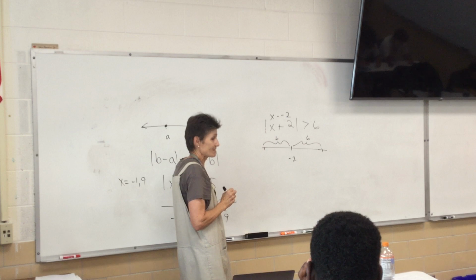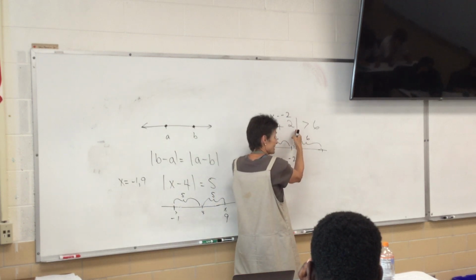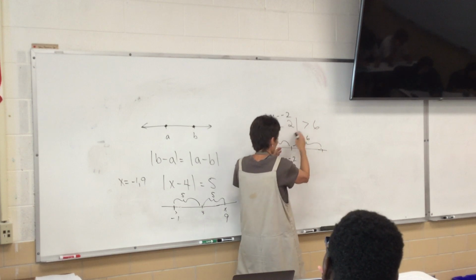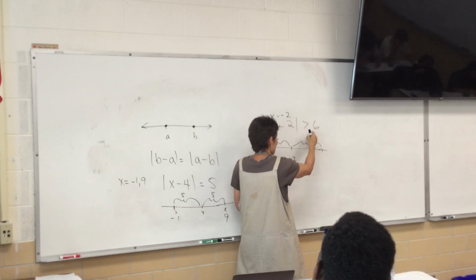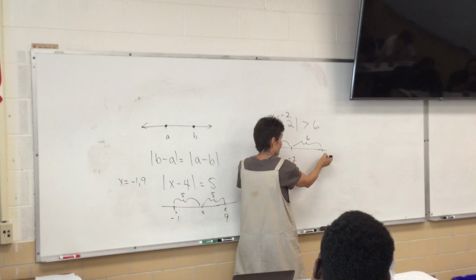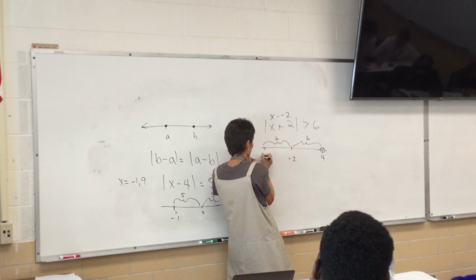So if I'm 6 units away, where am I? If that distance is 6, it's actually greater than 6, but I'm going to start with 6. If that distance is 6, where would I be out here? At 4 or at -8.